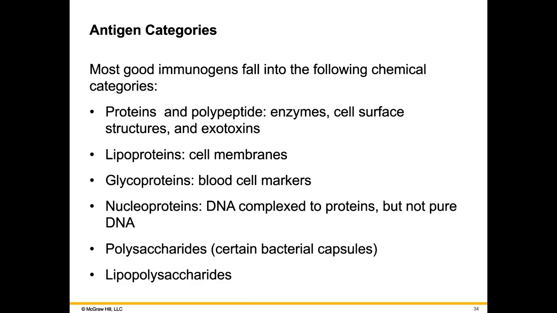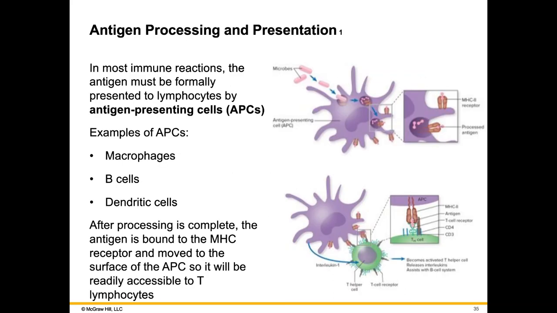Lipoproteins, which are found in cell membranes, for example, we talked about gram-negative and gram-positive cell membrane differences before. Glycoproteins, which are blood cell markers, the ABO group, for example, any kind of nucleoproteins, which are DNA complexed to proteins, polysaccharides, lipopolysaccharides, again in bacteria cells, and other things. But all of those are great examples of antigens that our body can recognize and therefore are immunogens as well.